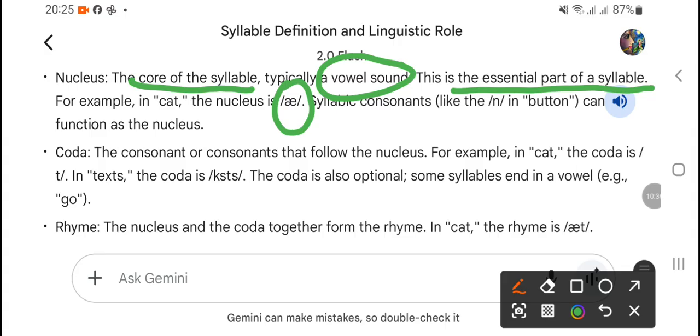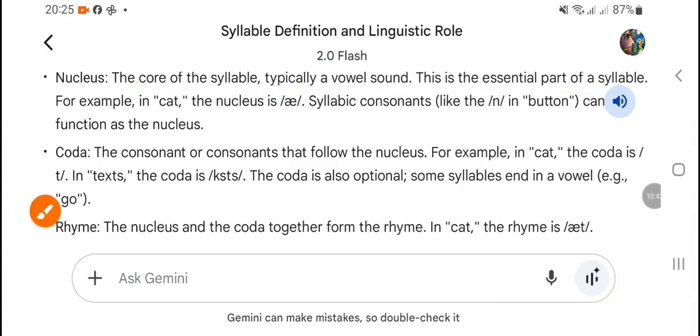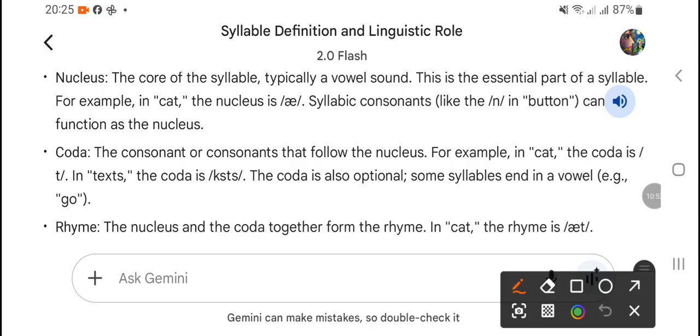And syllabic consonants like the N in button can function as the nucleus. That is actually a different thing. They have mixed it, anyway, I'm telling you. In cat, we had already discussed that a is the nucleus or vowel.